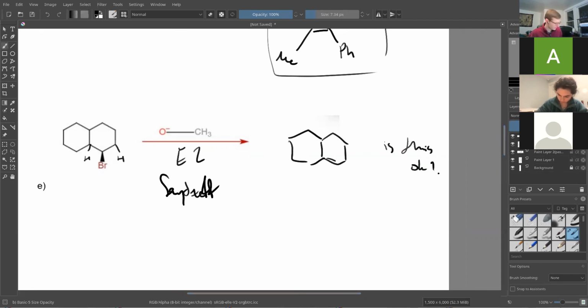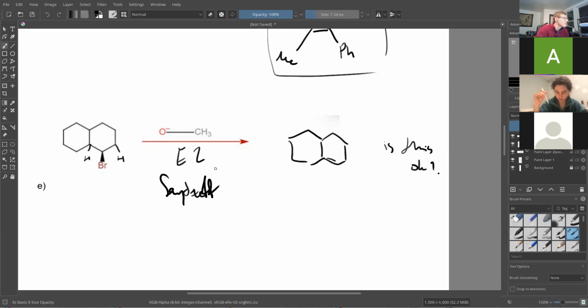Are we allowed to do that? If you drew it in the chair form, where would the hydrogen where the two rings attach be, up or down?